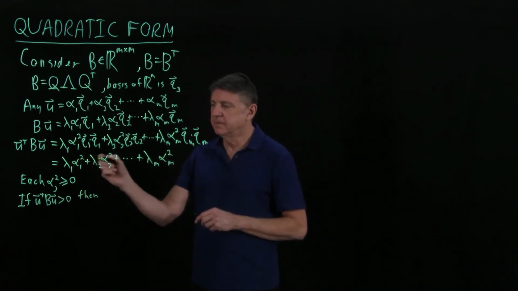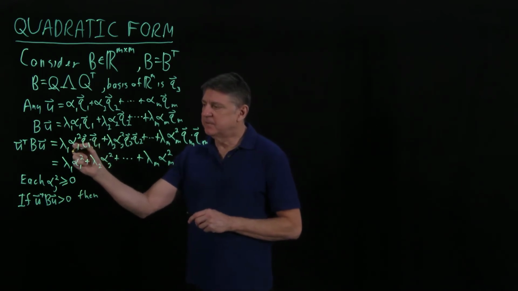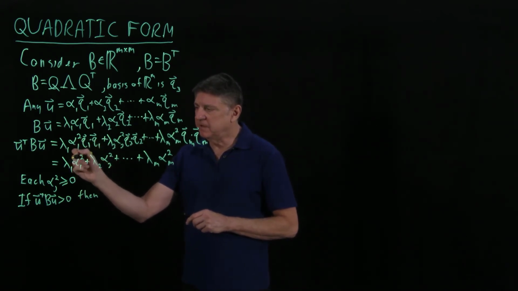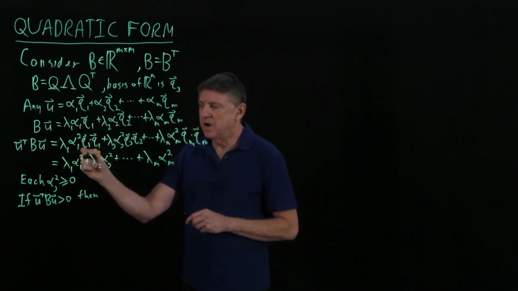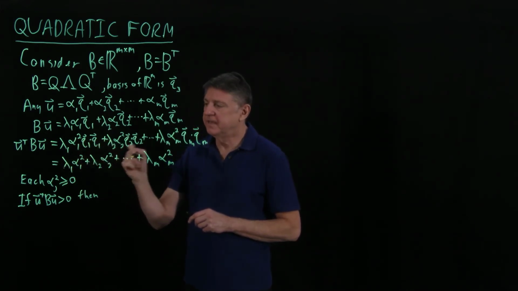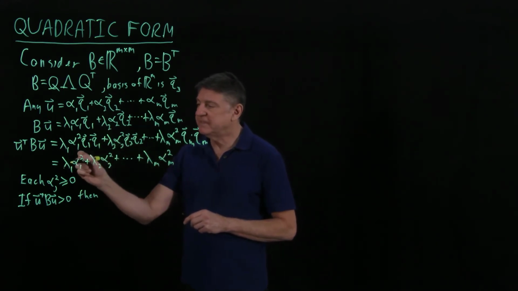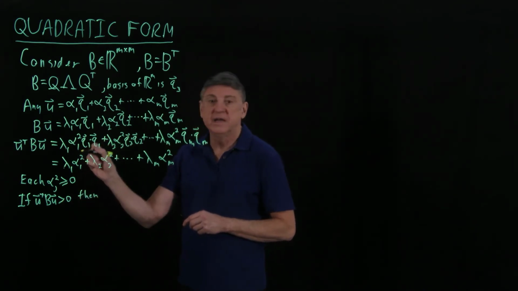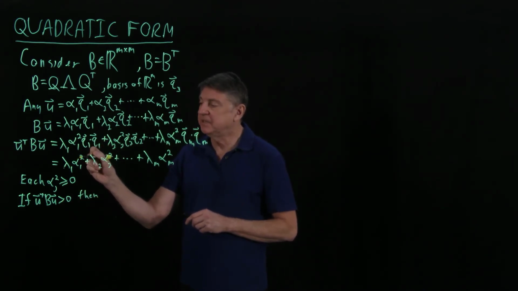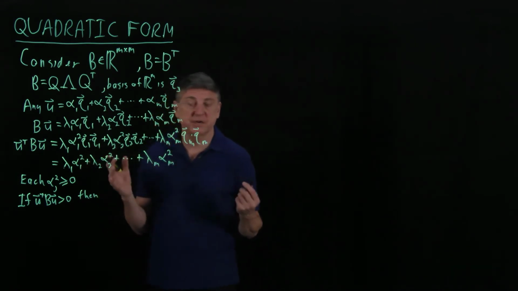This sum is the sum of real numbers times non-negative numbers, then for this sum to be strictly greater than 0, each one of these has to be strictly greater than 0 in the general case.